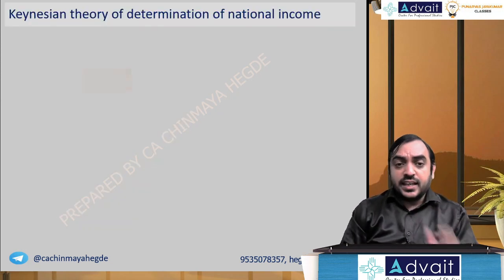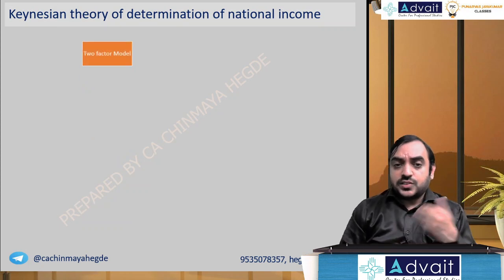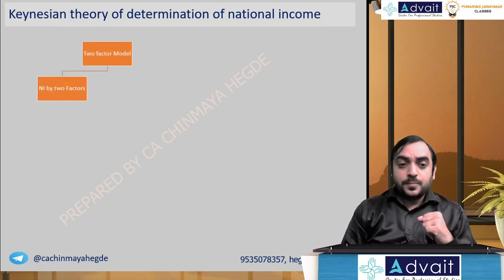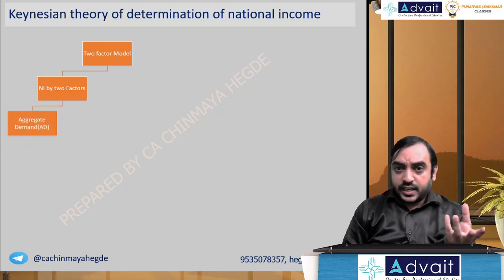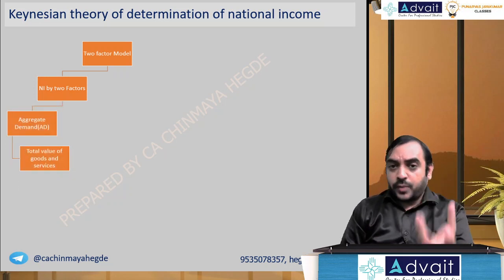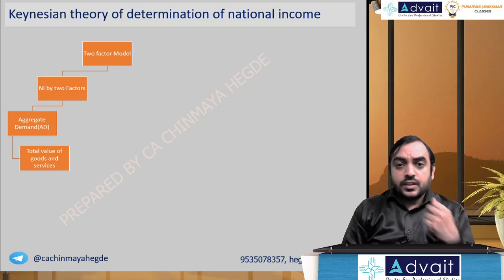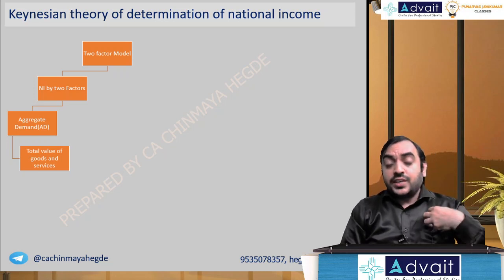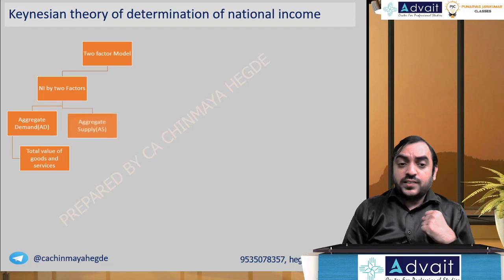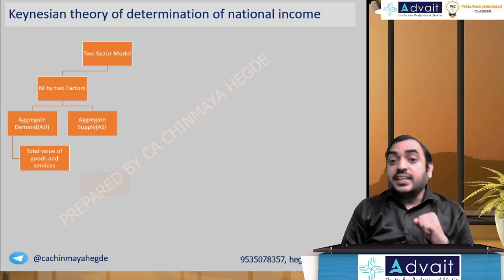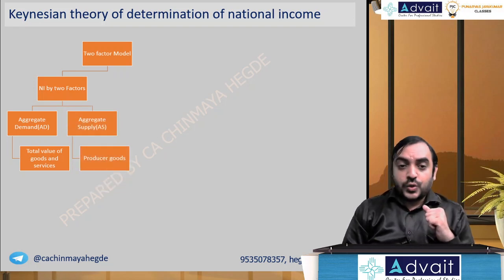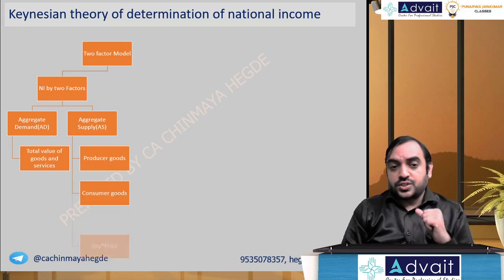So what is that exactly? That's what Keynesian theory says regarding national income. National income is determined by two factors: aggregate demand and aggregate supply, or you can say aggregate income. Aggregate demand is the goods and investments made by individuals. Aggregate supply is the income received by households, producer goods, consumer goods, everything.